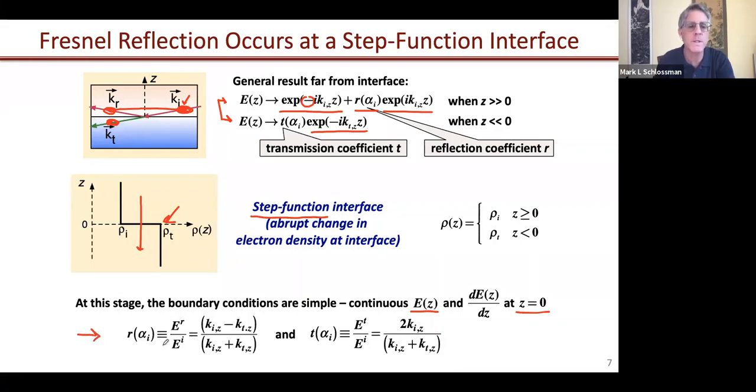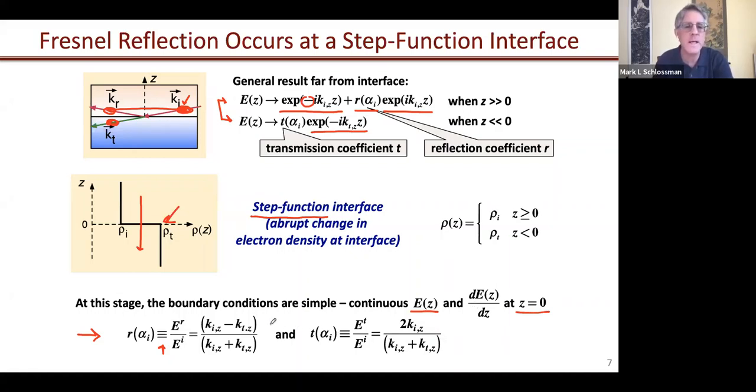The reflection coefficient is defined as the ratio of the electric field of the reflected wave divided by the electric field of the incident wave. Similarly for transmission, the electric field of the transmitted wave divided by the electric field of the incident wave, and you get these simple expressions just by applying these two boundary conditions.